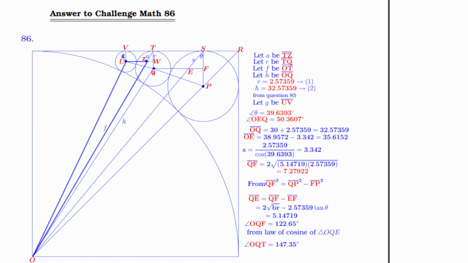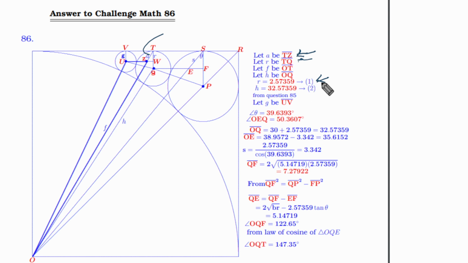Now, this value of A, here TZ is A, we define, and R is the radius of circle Q, which is 2.57359, we got last time.